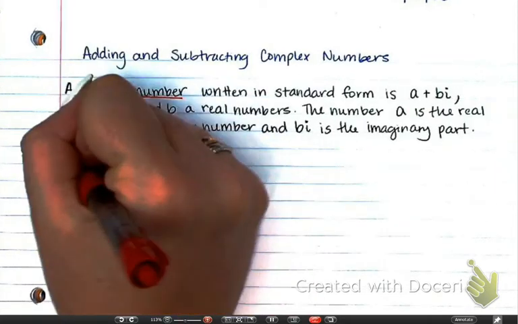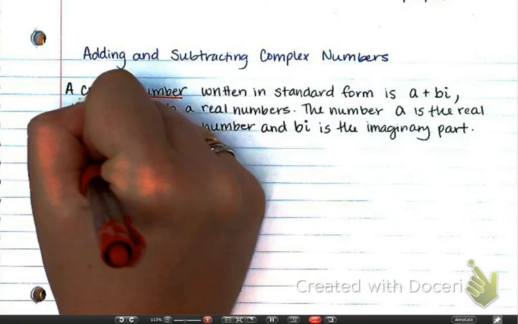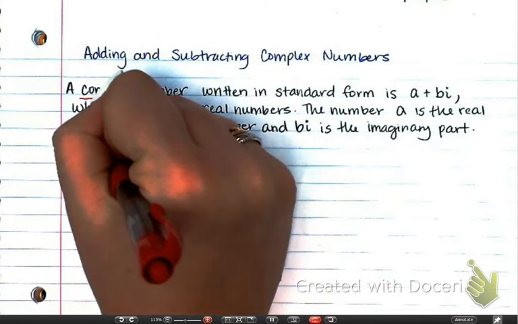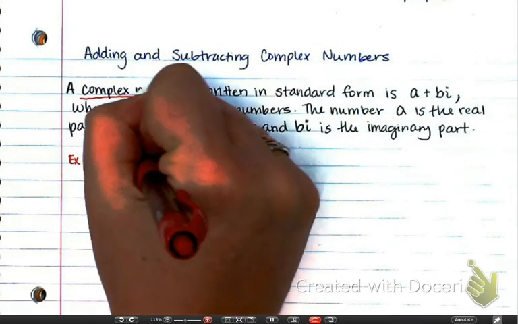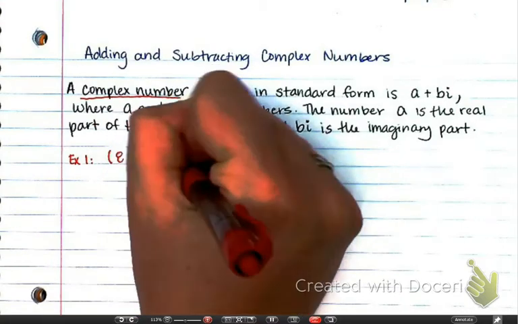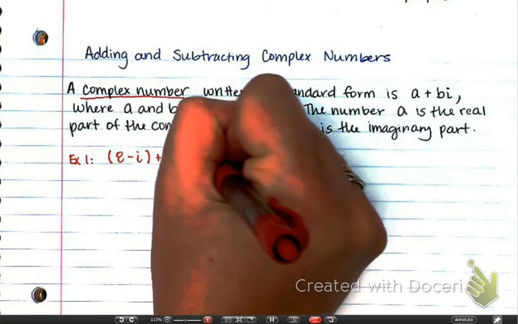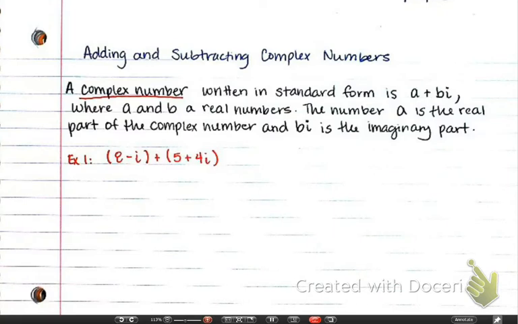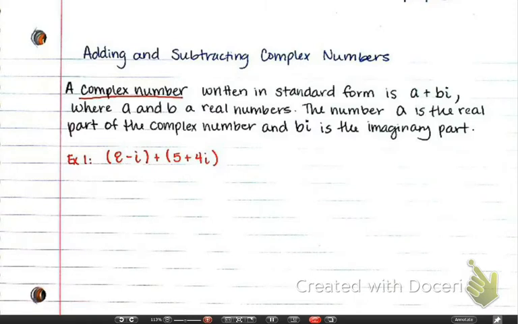All right, so let's look at 8 minus I plus 5 plus 4I. We literally are combining like terms, just like we did when simplifying expressions, just like we did when adding or subtracting radicals.